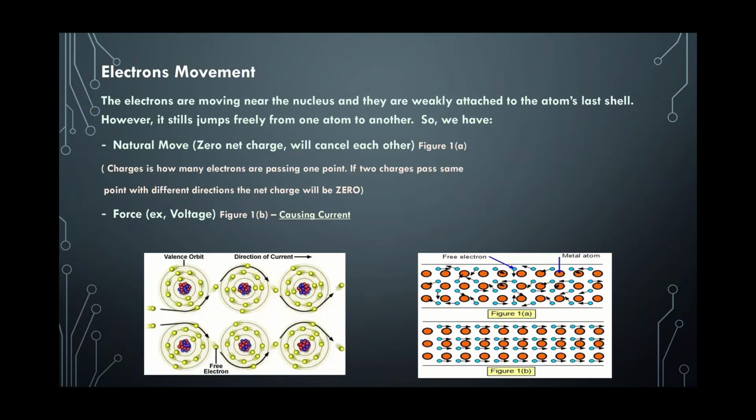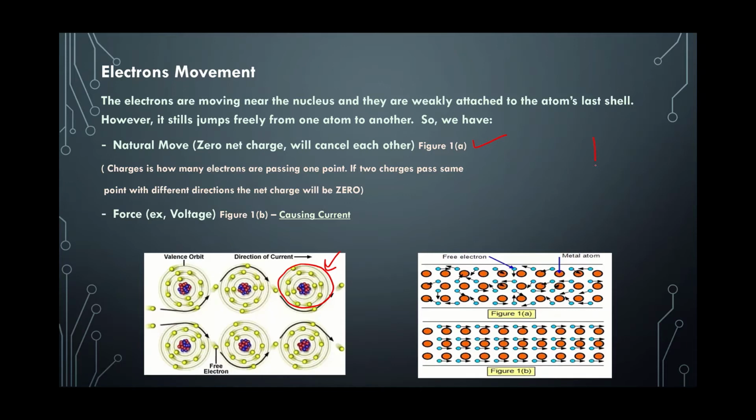Now the electron movement. As I explained, the electrons are moving around the nucleus, and they are weakly attached to the atom's last shell only. This shell, for example, the last one. However, usually it can jump freely from one atom to another. So basically it has 2 movements: the natural move from one atom to another, and the net charge for this movement is 0.